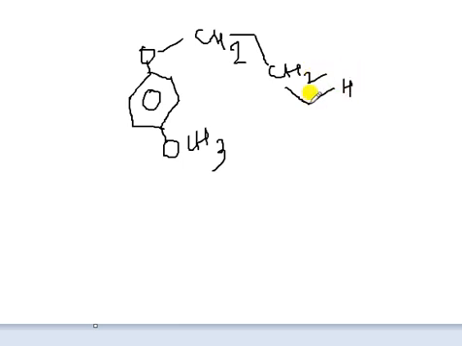This carbon having one hydrogen, only one is possible. Then CH2. We should write here, become a bend here, so directly we should attach here.